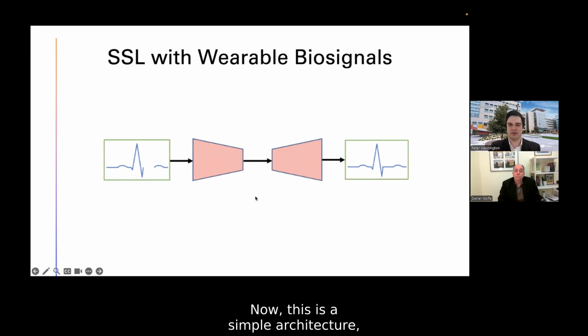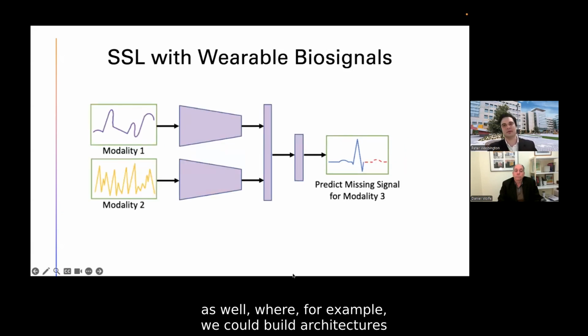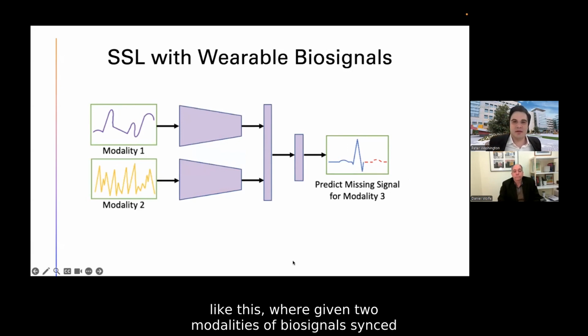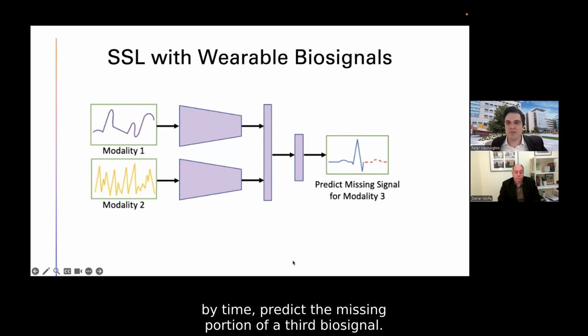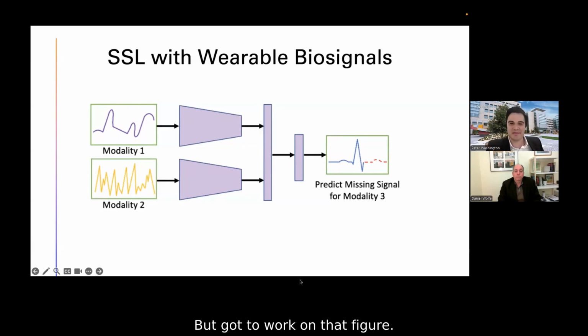Now, this is a simple architecture, but we could, of course, do this in a multimodal manner as well, where, for example, we could build architectures like this, where given two modalities of biosignals synced by time, we predict the missing portion of a third biosignal. Technically this first portion of the biosignal would also be an input, but I've got to work on that figure. But you know, these types of ideas.